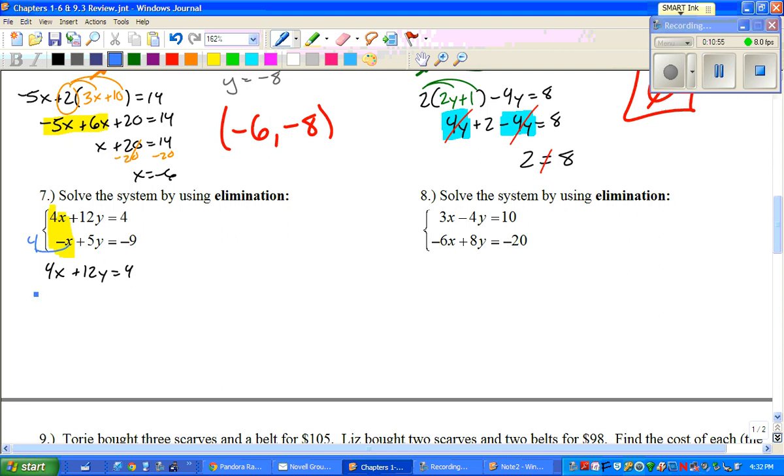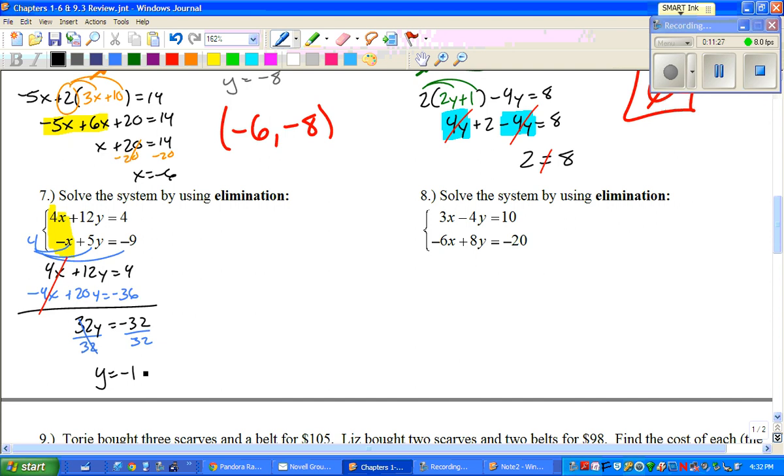And now when I start multiplying everything out, we add everything up, those cancel, and we're left with 32y equals negative 32. To complete solving for y, we have to divide both sides by 32, and we find out that y equals negative 1.